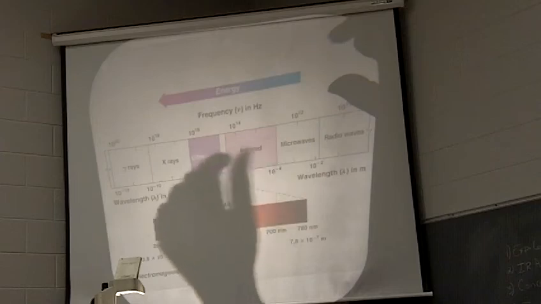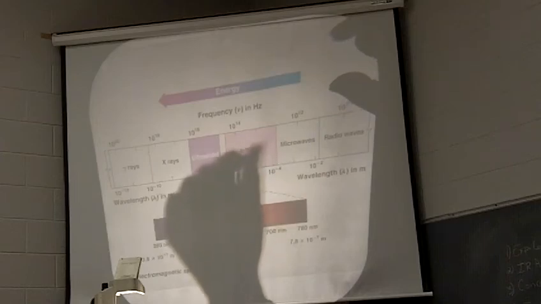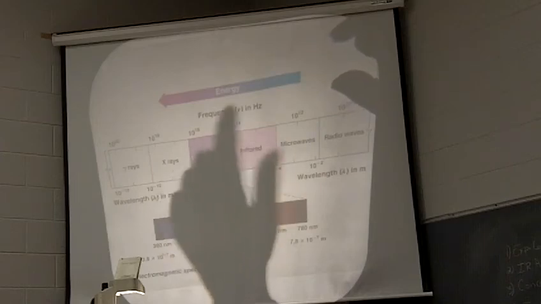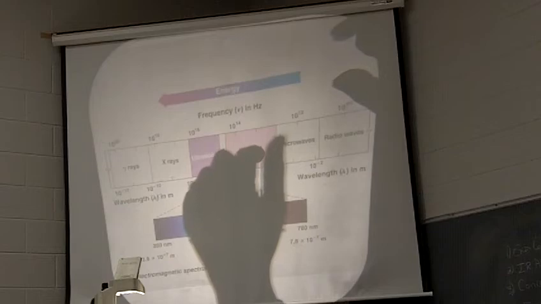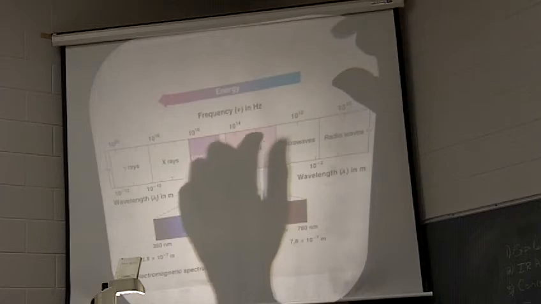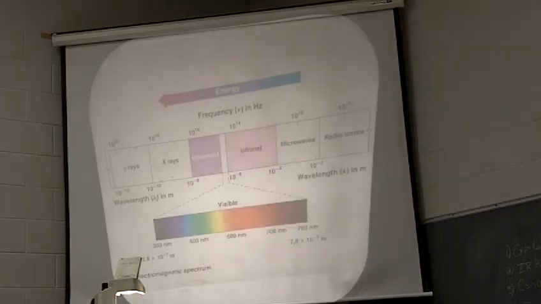Which was the high energy side? Ultraviolet's high energy, right? Infrared was not, right? So when we're looking at IR spectroscopy, which is infrared spectrum, we're not looking at the high energy side.